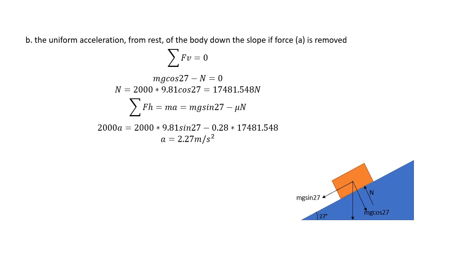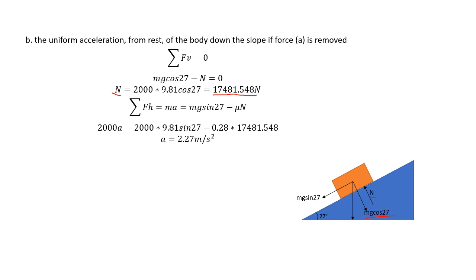And the second part: the uniform acceleration from rest of the body going down the slope if the pulling force is removed. With no force pulling it, the weight of the body would pull it down the slope. So the sum of vertical forces equals the weight minus the normal force, which is equal to 0, and we solve for the normal force.